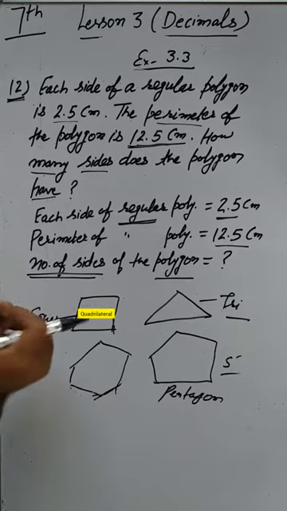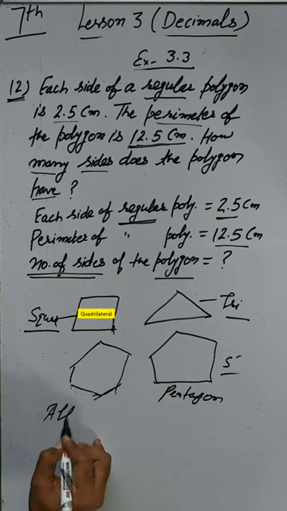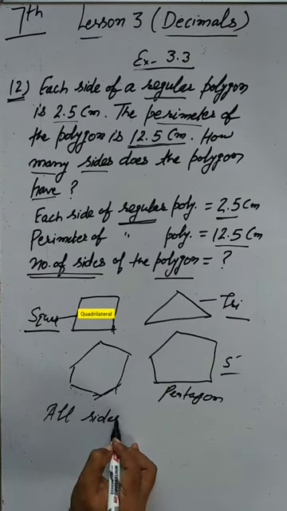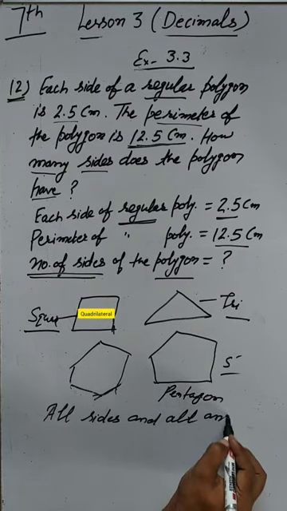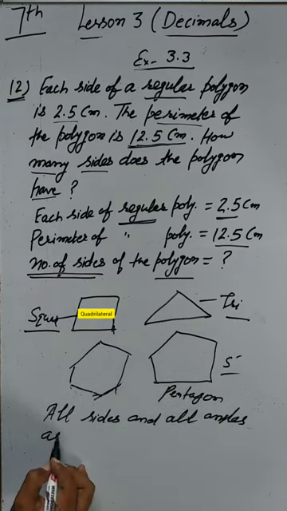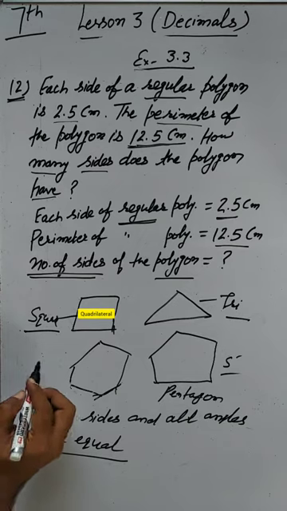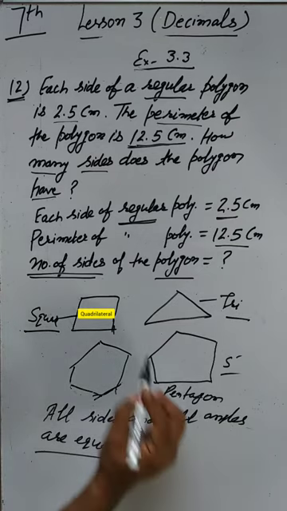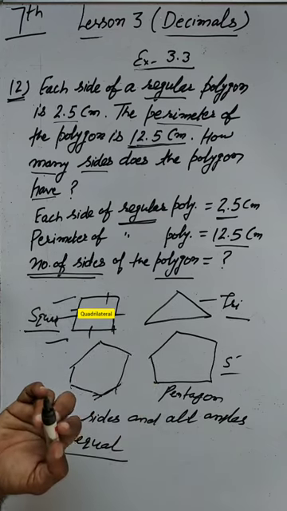Now beta, here the word is regular polygon. A regular polygon means a polygon whose all sides and all angles are equal. Like you can say a square. A square is a regular polygon because all sides of a square are equal.